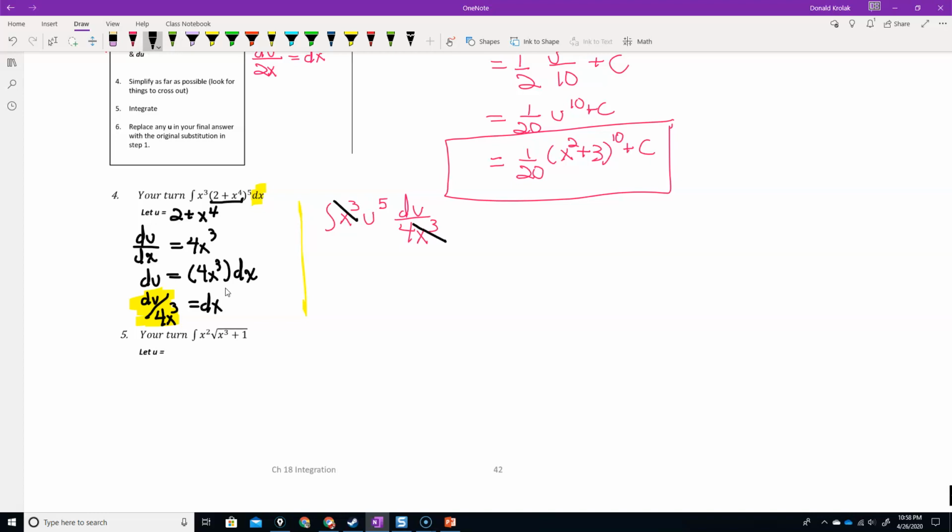And those cancel. If the x's don't cancel, you can't use u substitution. So you'll find that all of these problems are set up so that the x's are going to cancel.